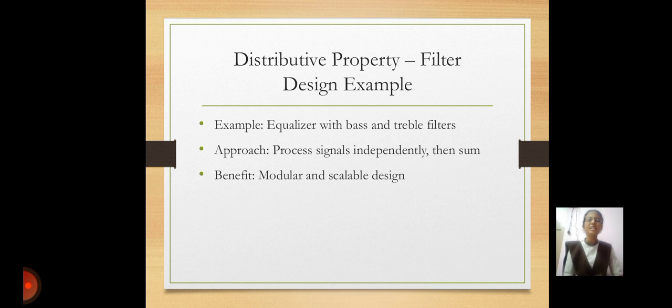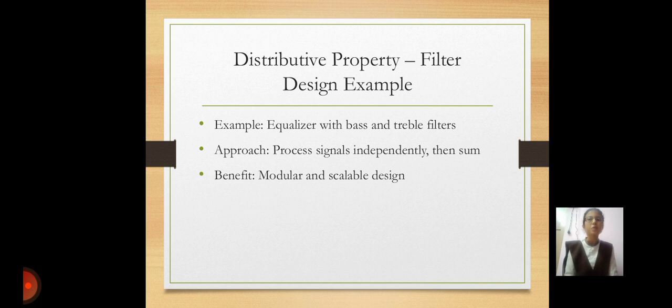Next, a real life example of the distributive property is filter design. For example, in audio equalizers, we use separate filters for bass and treble. Each filter processes the signal independently and the outputs are summed.